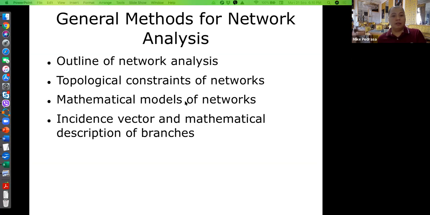And then I'll talk about incidence vector and mathematical description of branches. The first few slides are just definitions. If I go too fast, you have the benefit of the recording, which I will release later, and you could just repeat that.